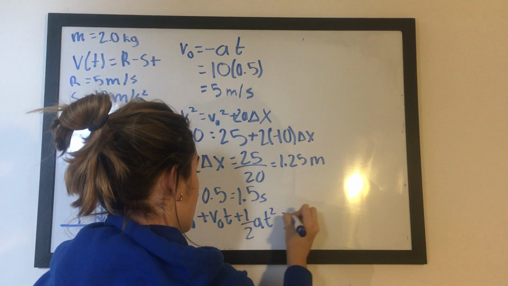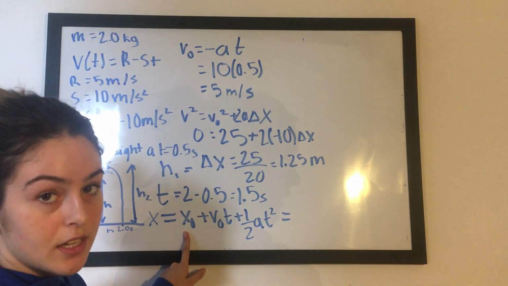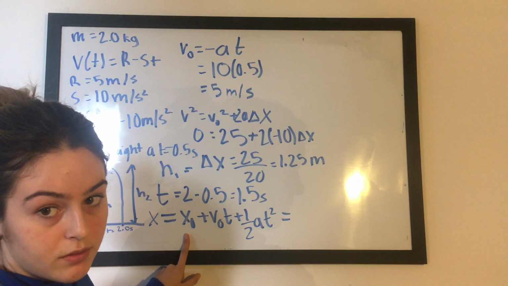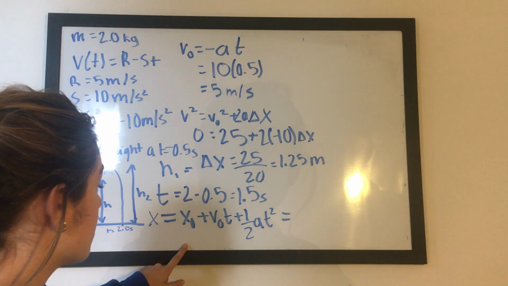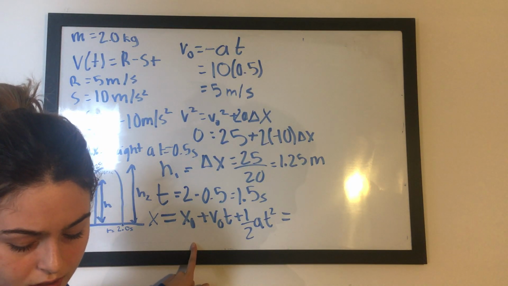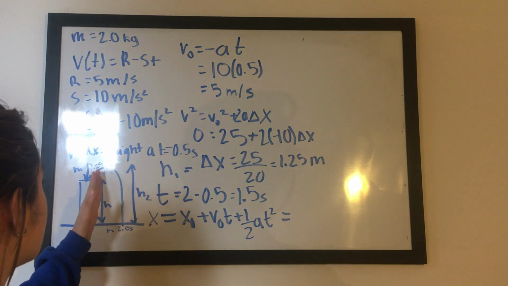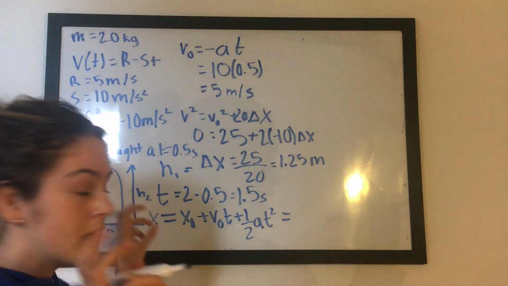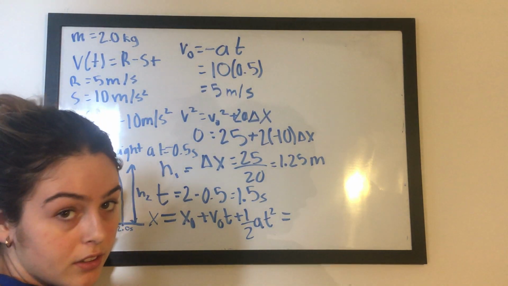We know that the position initial is 0. The initial position is 0 because we're essentially starting the function from here.